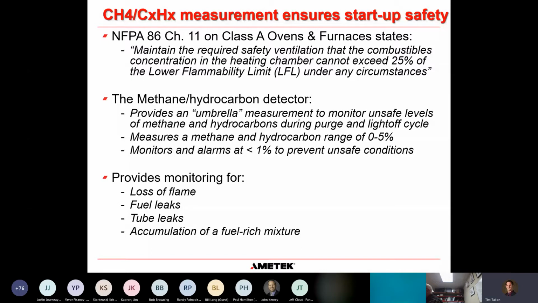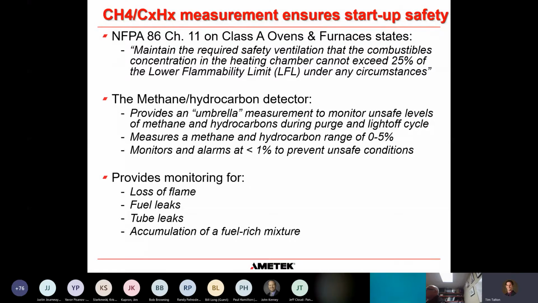for safety during startup. According to NFPA 86, Chapter 11, on Class A ovens and furnaces, the furnace shall maintain the required safety ventilation so that combustible concentration is not to exceed 25% of the lower flammability limit under any circumstances.